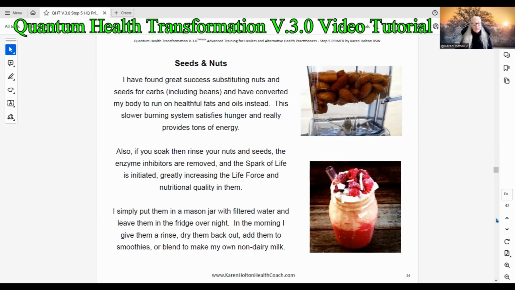This greatly increases the life force and the nutritional quality in them. I simply put them in a mason jar with filtered water, and I leave them in the fridge overnight. In the morning, I give them a rinse, dry them back out, and then add them to smoothies or blend them to make my own non-dairy milk.